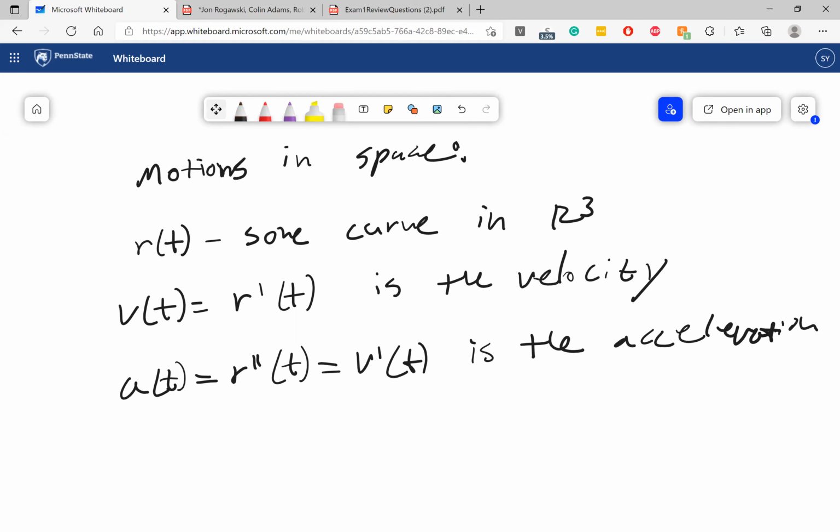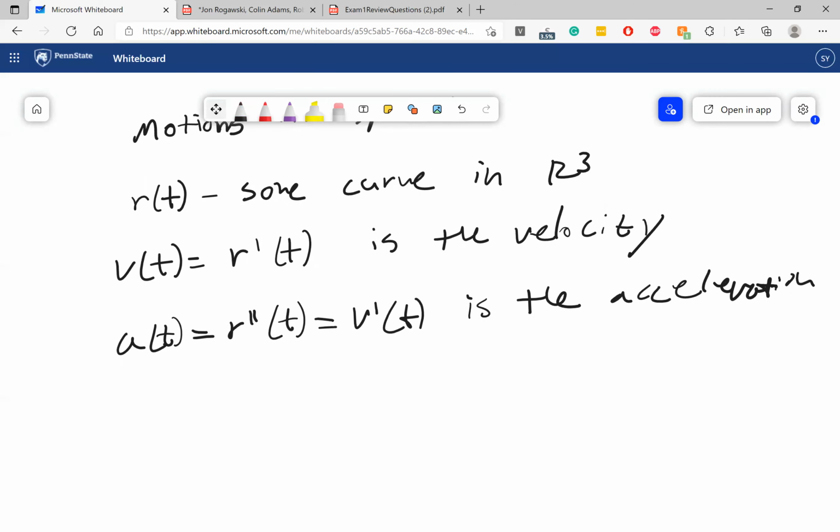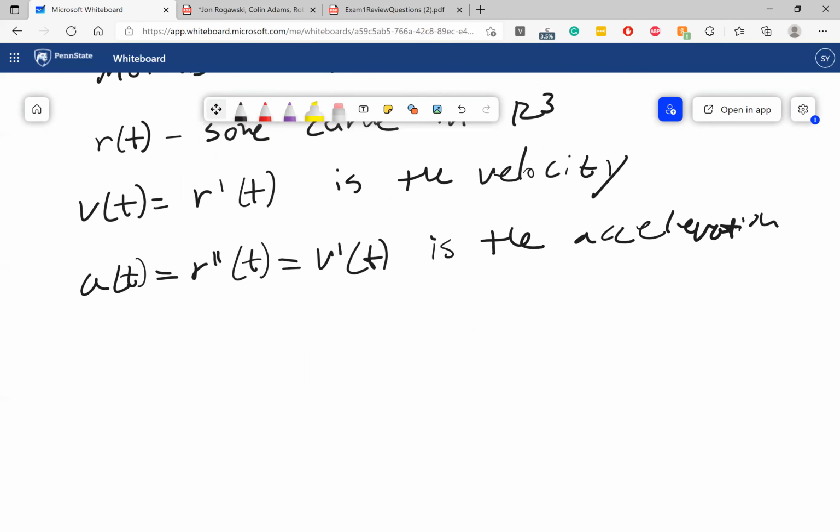And if you've seen any physics, this should already be something that you know, and if not, then it is very important to understand why velocity is the derivative of r. The reason is that at any point on your curve, if you want to know how quickly you're going, you can ask what is the change as you vary time on your curve.